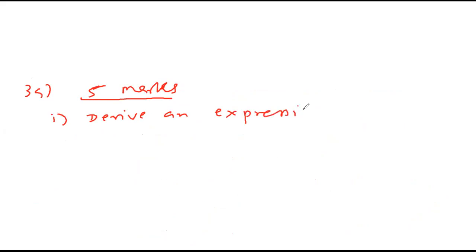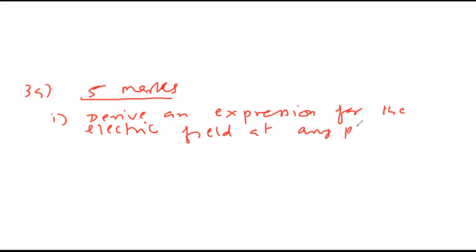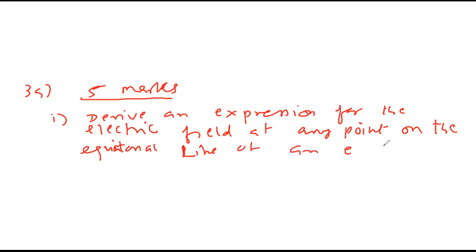59. These are 5 marks questions. First one is derive an expression for the electric field at any point on the equatorial line of an electric dipole.